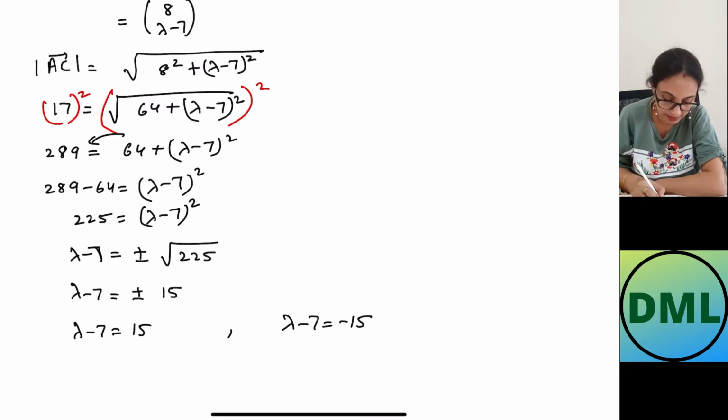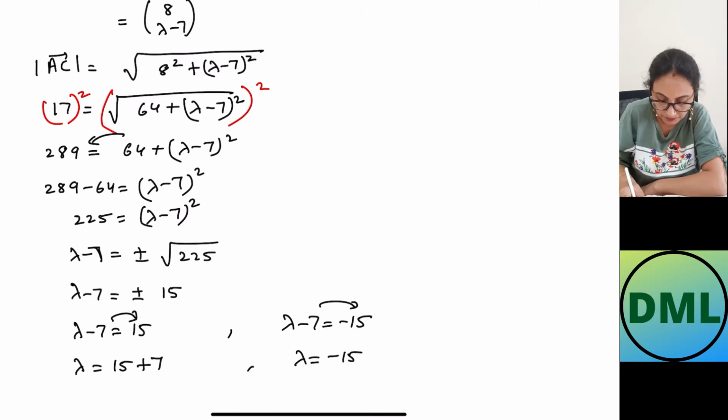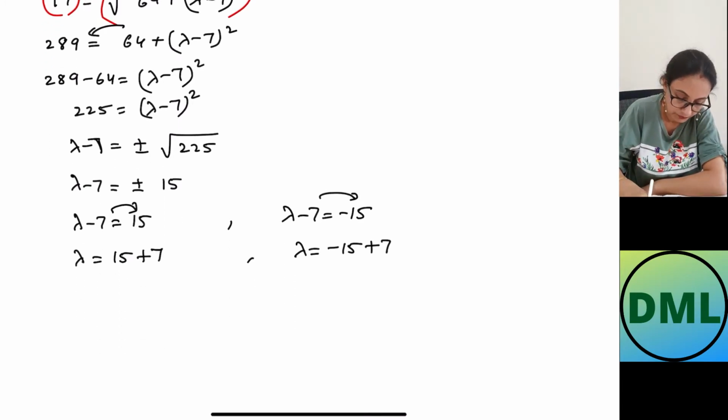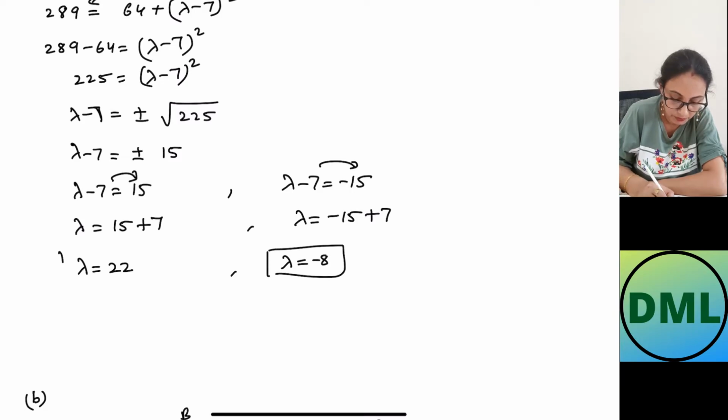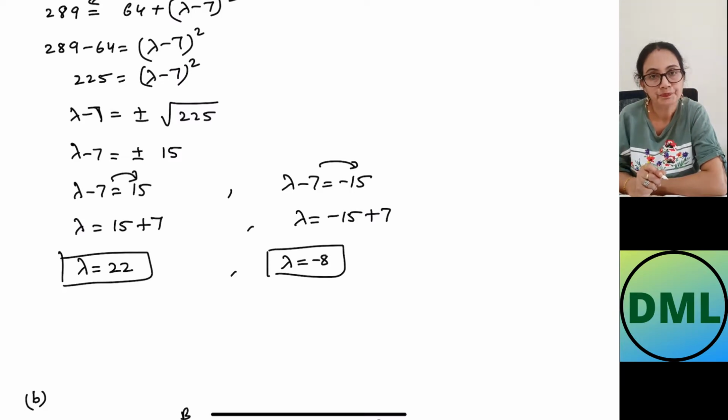That will be your second answer. Move this 7 to the right hand side on both sides. It will be lambda is equal to 15 plus 7 and lambda is equal to minus 15 plus 7. So if I solve it, lambda is equal to 22 and here lambda is equal to negative 8. These are the two values of lambda you will get when you solve the question.